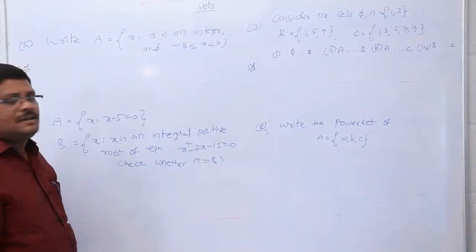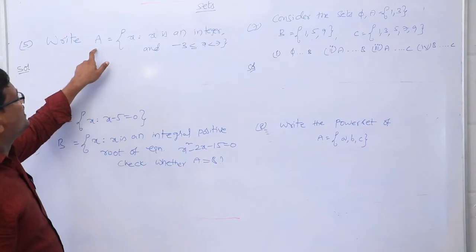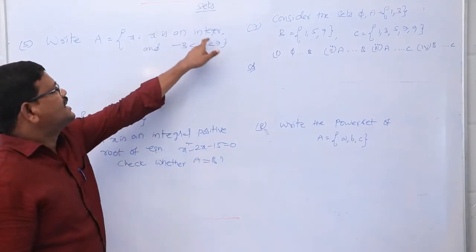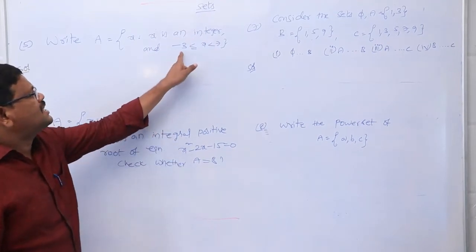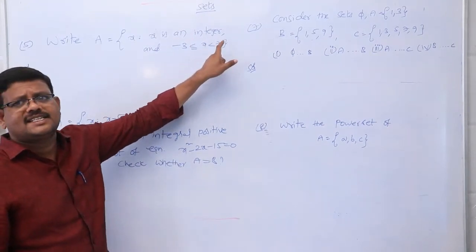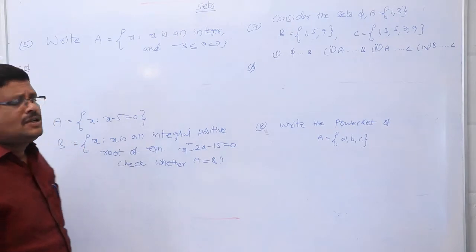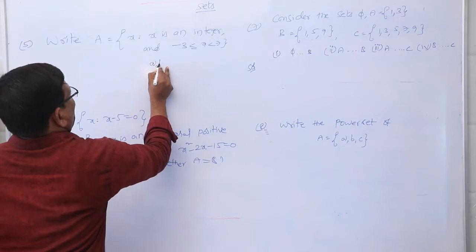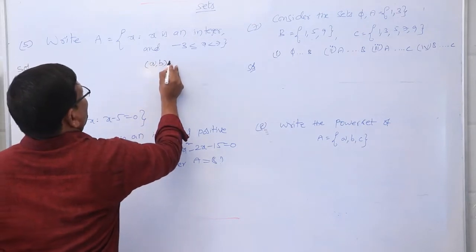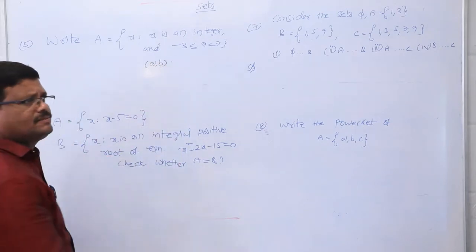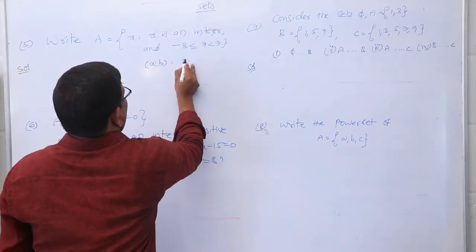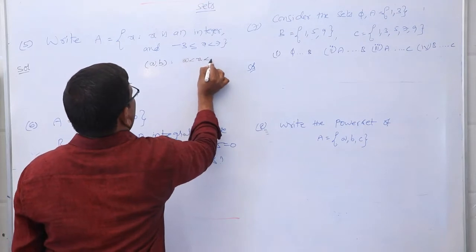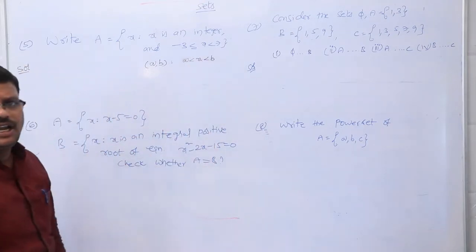Write the set A equals x such that x is an integer and minus 3 is less than or equal to x is less than 7. So, how is the open interval of a comma b defined? If a is less than x is less than b, then that is called an open interval.